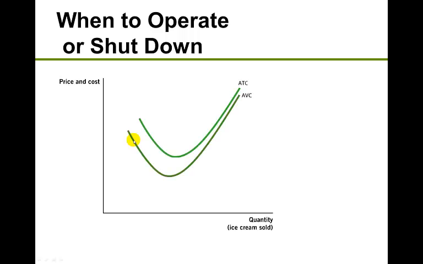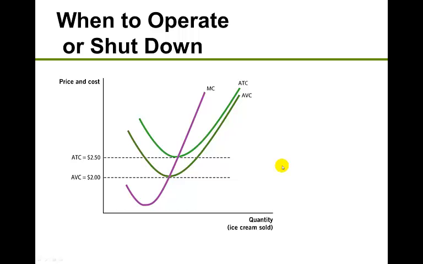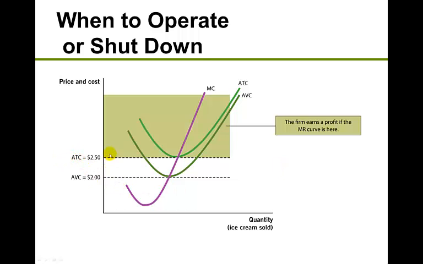So we can see graphically when it would be worth it for a firm to shut down versus stay open and take a loss. Here are our cost curves from before. First, I want you to look at these specific prices right here. Note that $2.50 is my minimum possible average total cost.